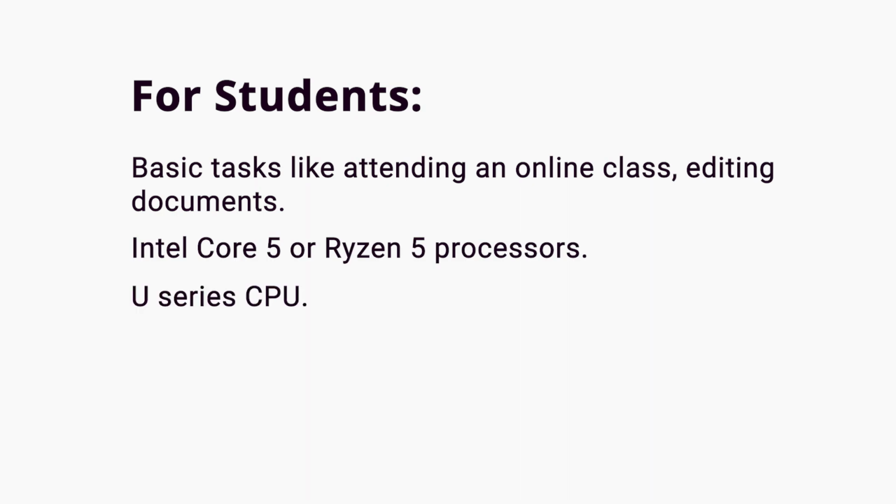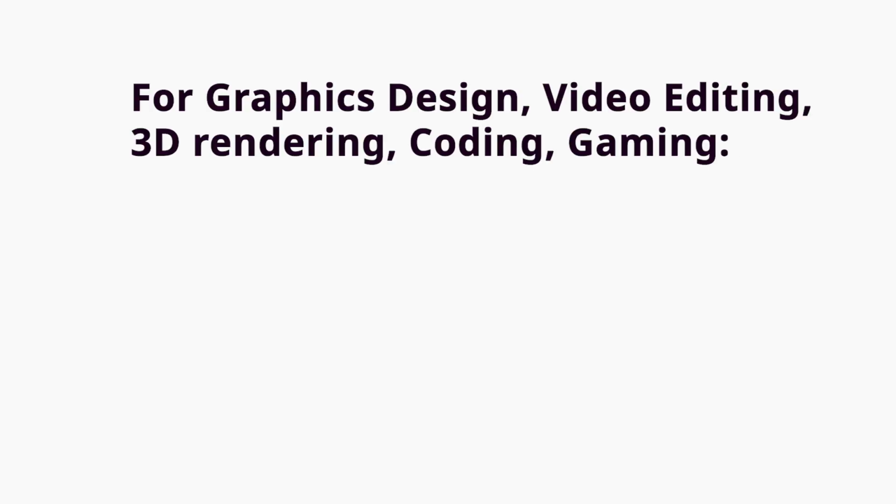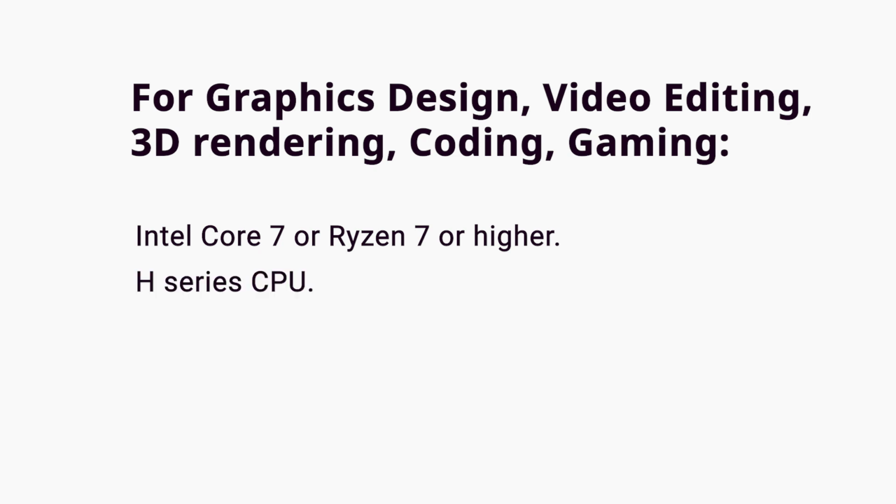U-series processors are best for these tasks. For graphics design, video editing, 3D rendering, coding, gaming, you need more powerful processors as these tasks depend on CPU as well. You can get processors like Intel Core 7 and Ryzen 7 or higher. H-series processors are best suited for these tasks.